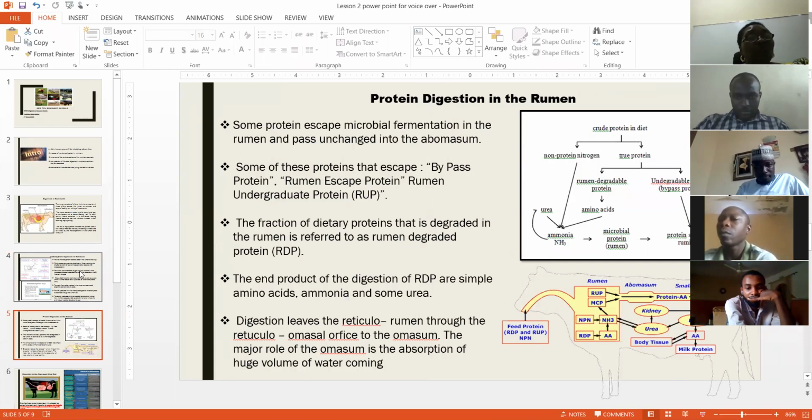Now you talk about carbohydrate. What happens in protein? It's interesting for you to note that ruminant animals can utilize urea, they can utilize ammonia to produce protein. So in terms of ruminant management, you don't only need to feed protein sources like soya beans or cottonseed cake.